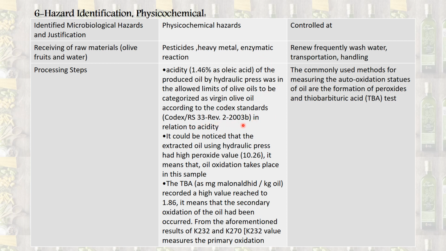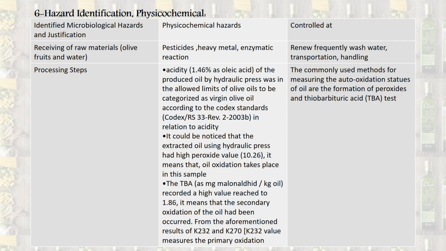Note the extracted oil using the hydraulic press had a high peroxide value, which results in oil oxidation, and the TBA, thiobarbituric acid, recorded a high value. That means there would be a secondary oxidation. It could be controlled by renewing frequently the water in transportation and handling. TBA is a commonly used method for measuring the auto-oxidation state.